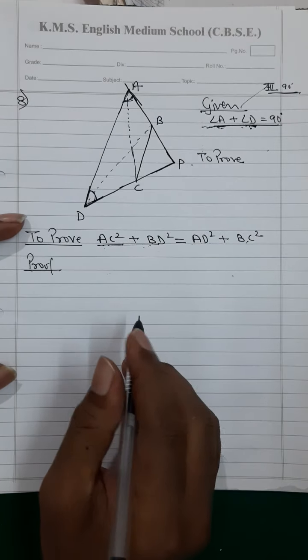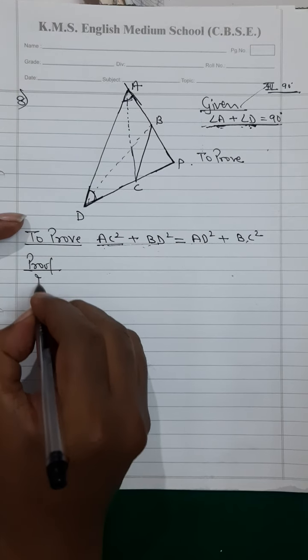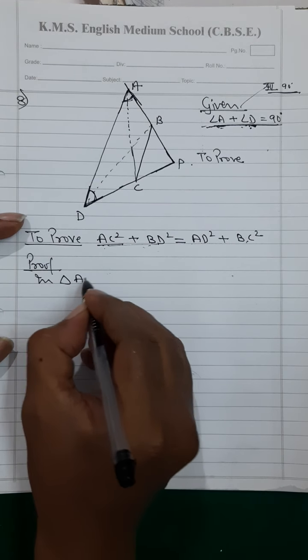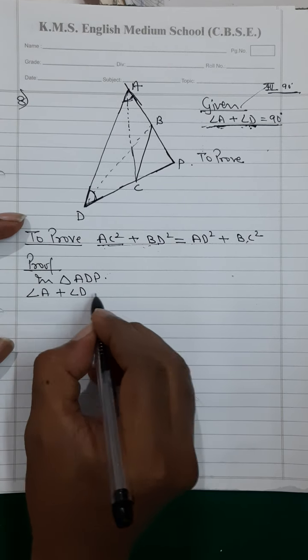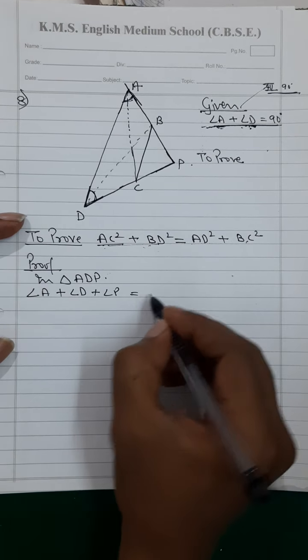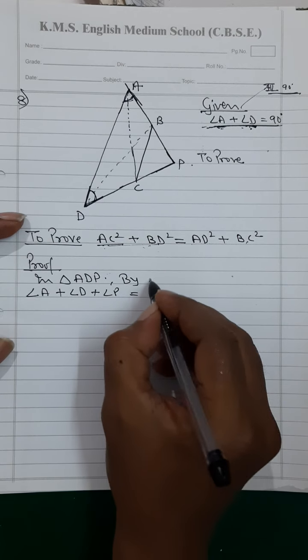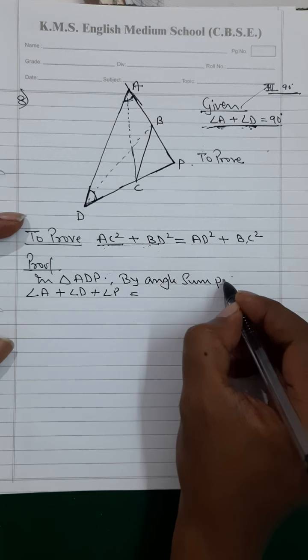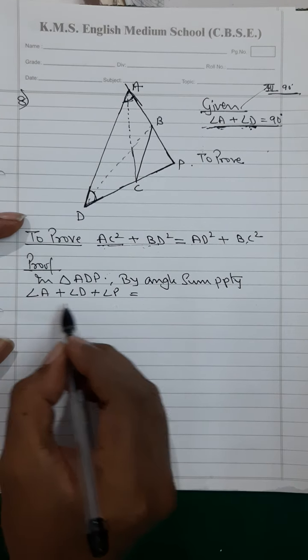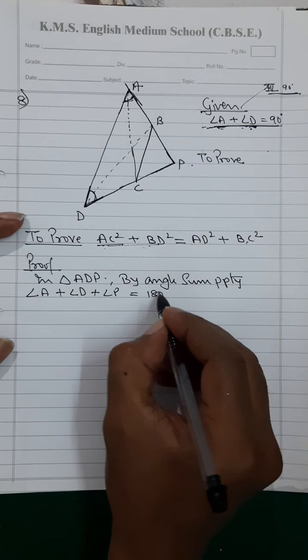Proof. So here, in triangle ADP, angle A plus angle D plus angle P is equal to, by angle sum property, 180 degree.